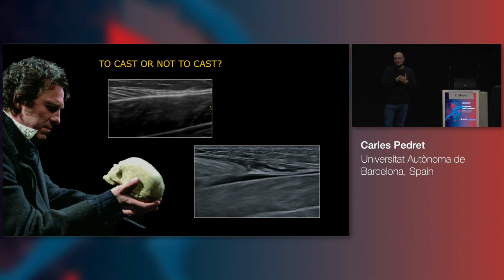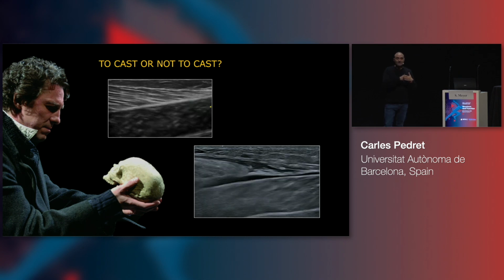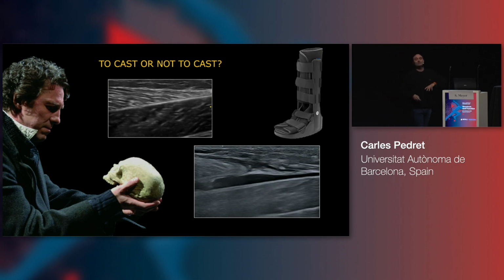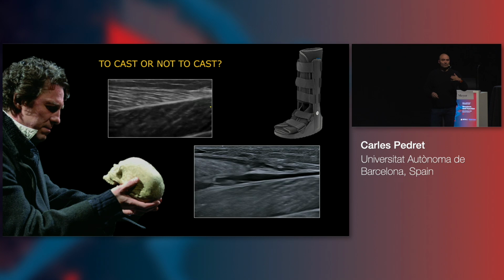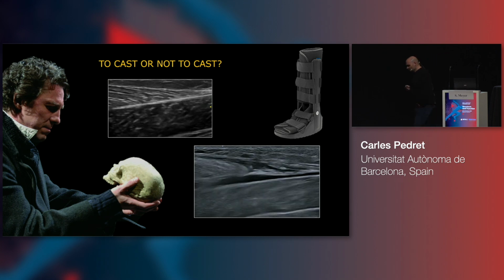So first of all, I need contact between both aponeuroses to restore the functionality. Okay? So I cast and then I remove it as soon as I see not a complete recovery, but some kind of recovery of that movement. Okay?